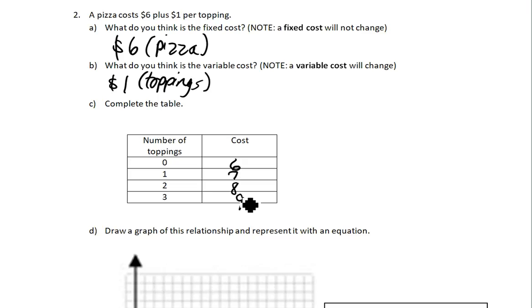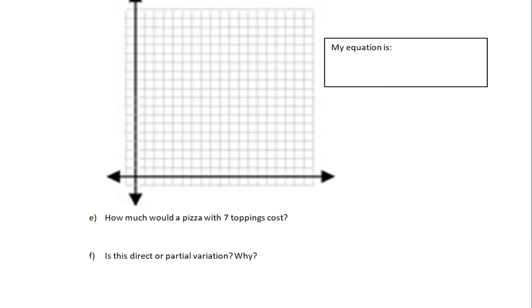So again, if we were to graph it, we might have, so here's 1, 2, 3, here's our toppings. There's our cost. So 0 toppings costs $6, 1 topping costs $7, 2 toppings cost $8, 3 toppings cost $9, and our graph's going to look something like that.